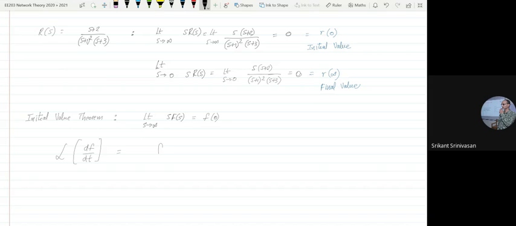So that's integral 0 to infinity e power minus st into df by dt into dt, right? And now what I'm doing is if I take limit as s tends to infinity, so this is equal to f(0).